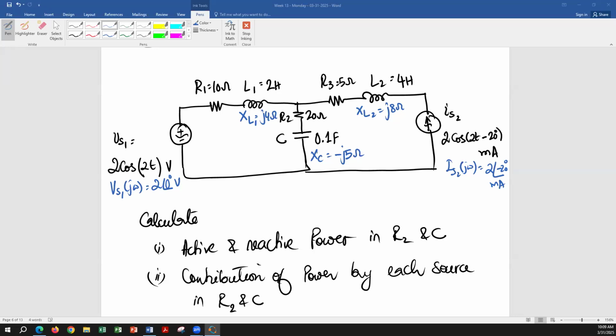Okay. All right, guys. So to calculate active and reactive power in the resistance and the capacitor in the common branch, what do you suggest? What should we do?